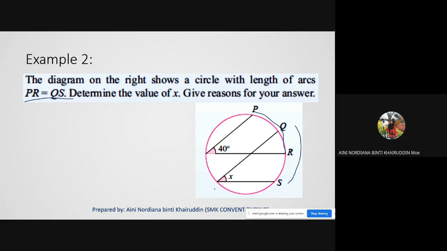So what is the value of X? 40 degree. Yes, X equals to 40 degree. Sebelum ni, from the same arc, sama value kan? Now, not from the same arc, but the arcs have equal size, then the angles also equal size.